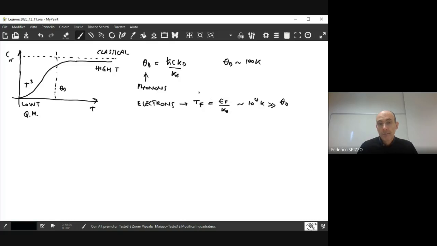So the point is that, while for phonons we may switch from the quantum mechanical to the classical behavior just by changing the temperature in a range that may be accessed in the lab, in the case of the electronic system we may not access the classical behavior of the electrons, because when the electrons behave in the classical way, the solid has melted, the solid has gone to the vapor phase, because at this temperature you have no more solid state.